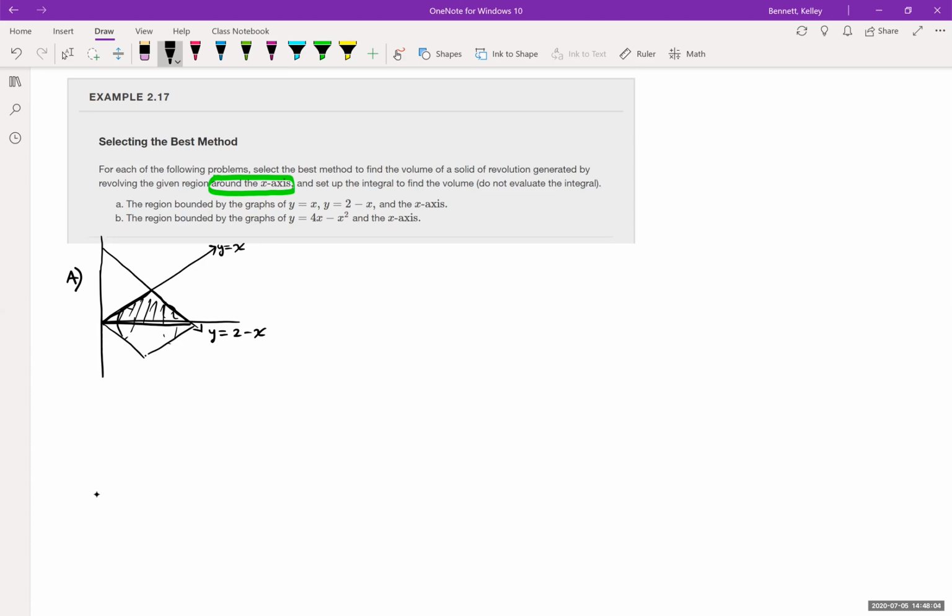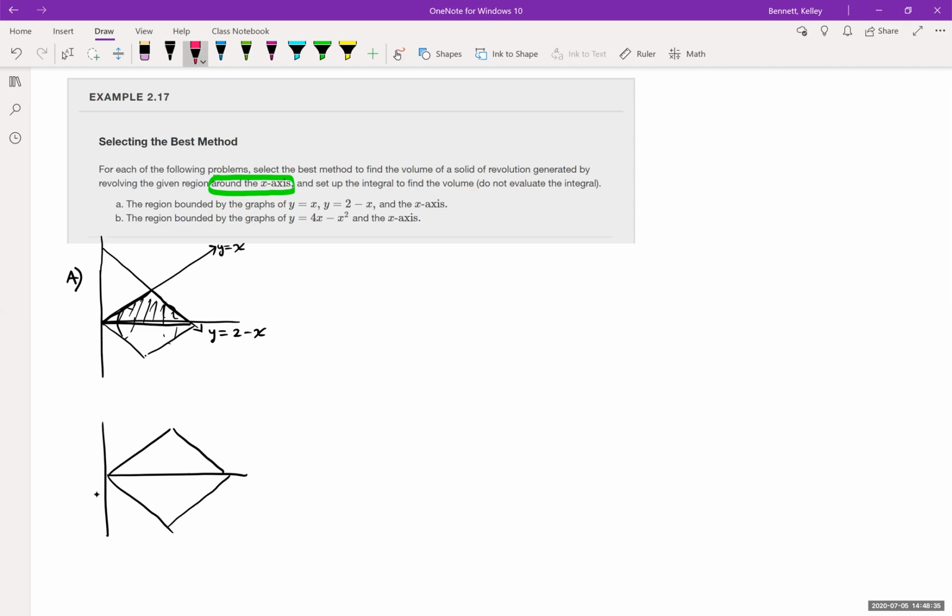A lot of people think that the washer method is the easiest, so we can start there. So if we wanted to do a washer, your washers would come into two forms.